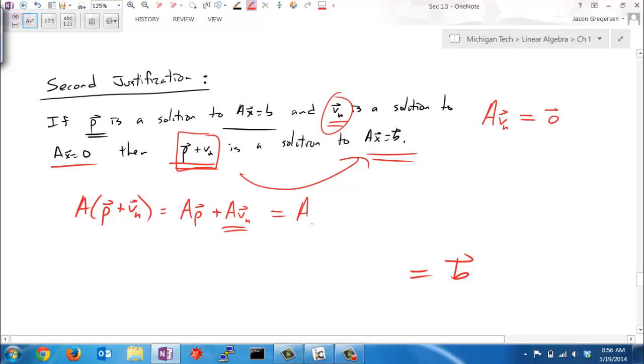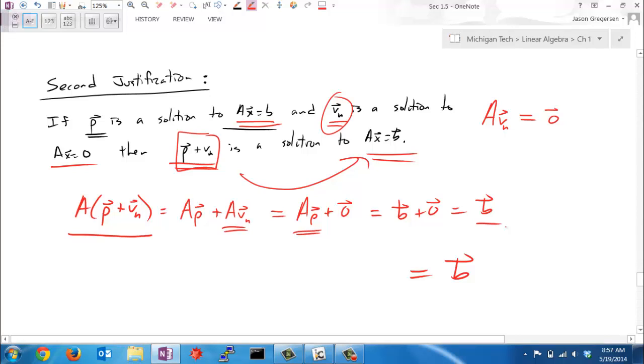So now I have A times P plus the 0 vector. But what is P? P is a solution of the non-homogeneous equation, so when I plug P into Ax, I get B. So now I have B plus 0, which is just B. So I've shown that when I plug it in, I get B. Therefore, it is a solution of the non-homogeneous equation. That's really what the proof looks like.